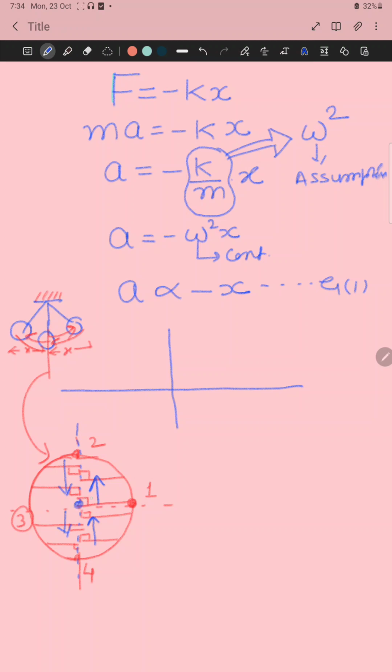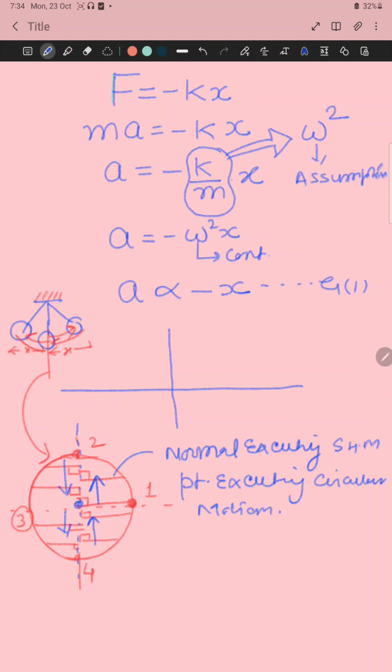So it looks like the perpendicular is executing SHM, where the point is executing circular motion.